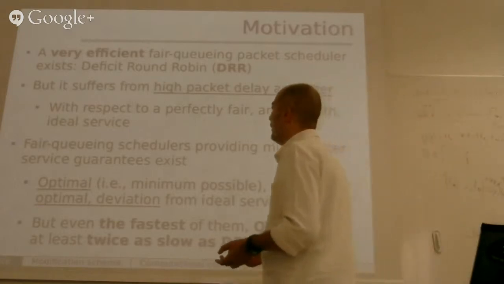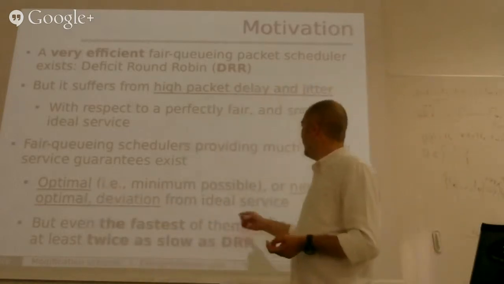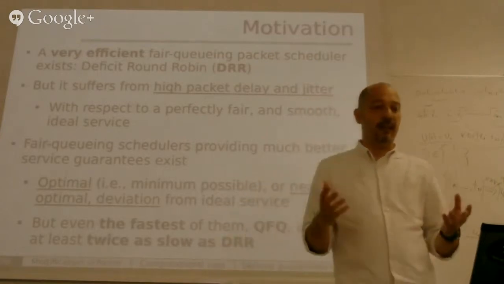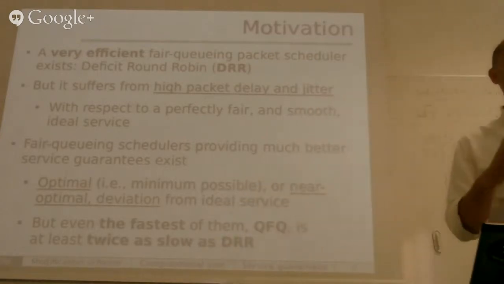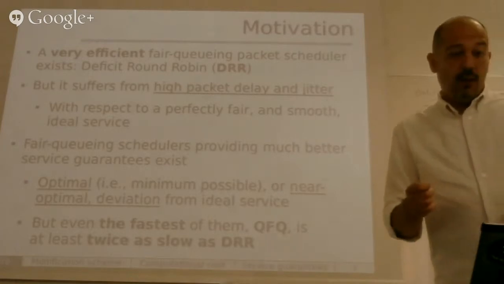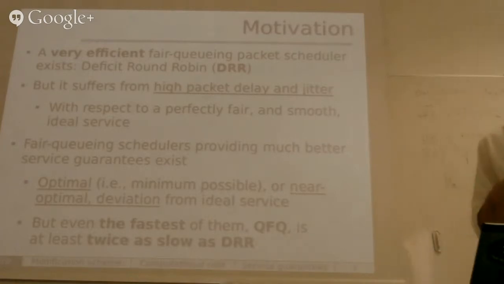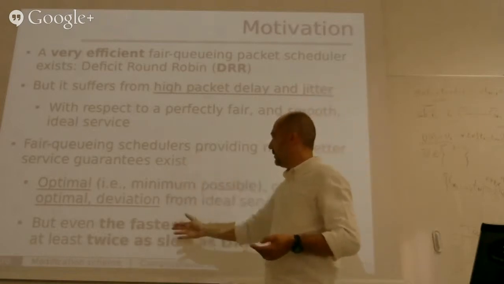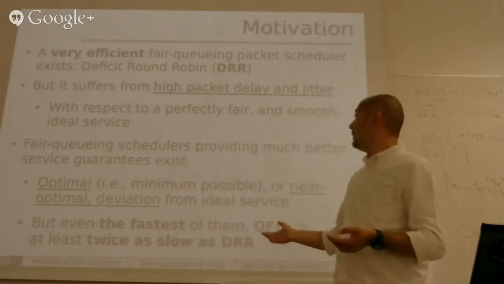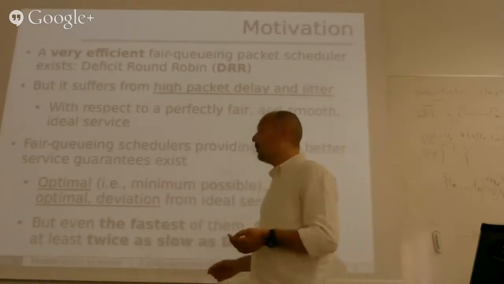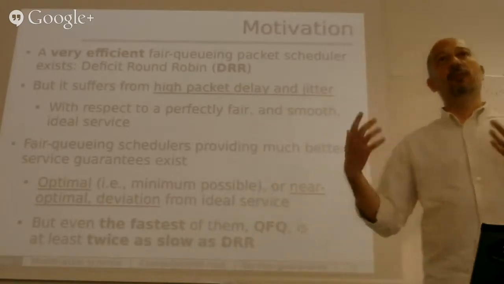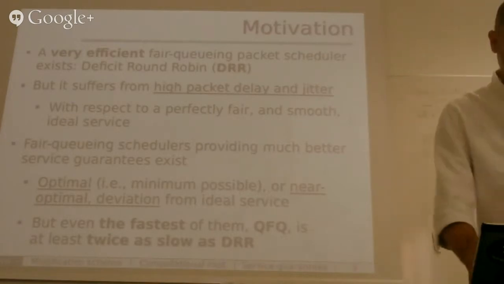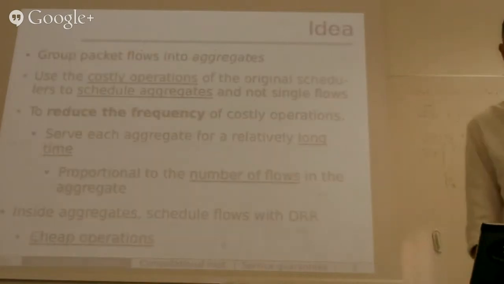Some of them are even optimal in that they guarantee the minimum possible deviation from an ideal service. Others are near optimal. But the problem is that even the fastest of these more accurate schedulers is at least twice as slow as deficit round robin. So this was the motivation for this reduction of the complexity of the scheduler.